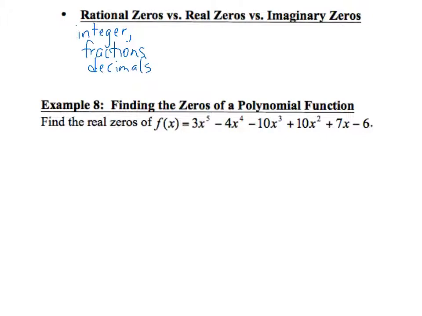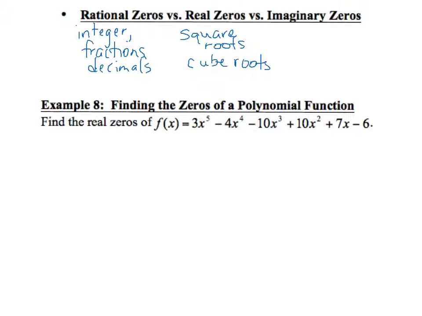Real zeros include all of the other rational zeros and radicals, like square roots or cube roots. But whenever they're real, that just means that they are not basically integers, fractions, or decimals.